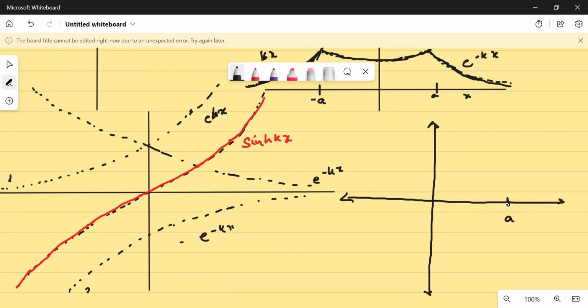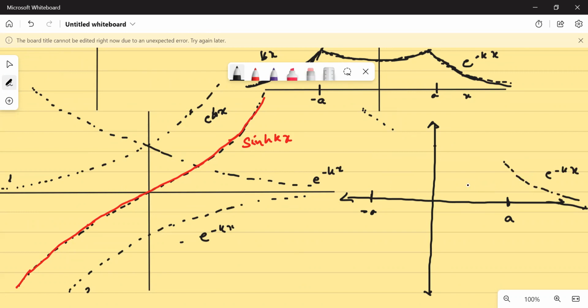Beyond a, my wave function is almost like e की power minus kx. So how does e की power minus kx look? It would have been like this only, ना? E की power minus kx ऐसे चल रहा होता, but we have to just plot it beyond x equal to a. So beyond x equal to a, this is your e की power minus kx.